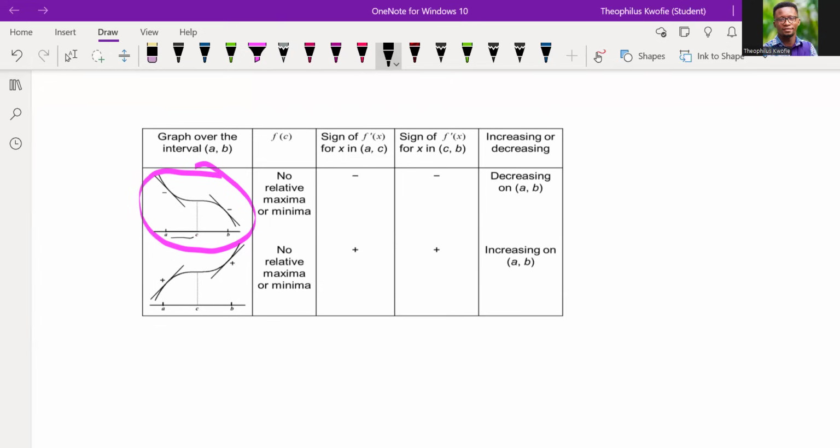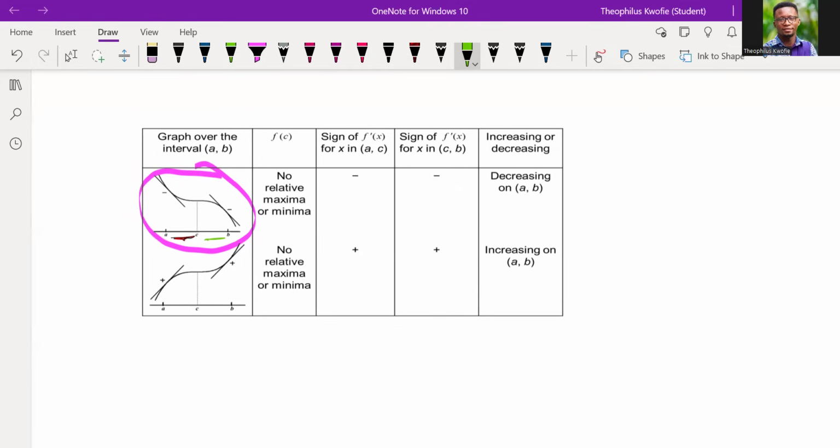So within the interval AC, we saw that the graph begins to go down. And then also within the interval CB, we saw that the graph of the function begins to decrease as well. So in that case, what can we say?